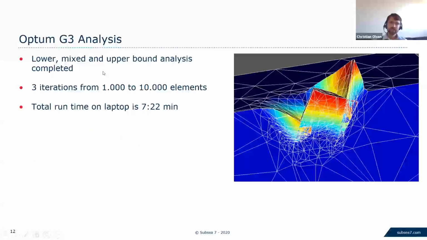In this analysis, we used lower, mixed, and upper bound elements, and we made 3 iterations from 1,000 to 10,000 elements. So the total run time for all 3 is 7 minutes and 22 seconds. So it's rather fast.